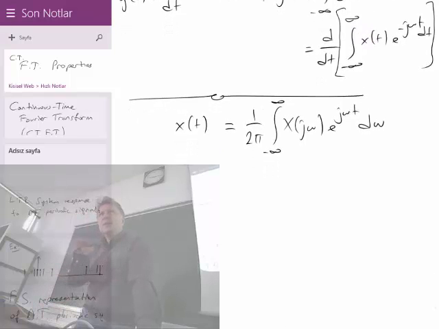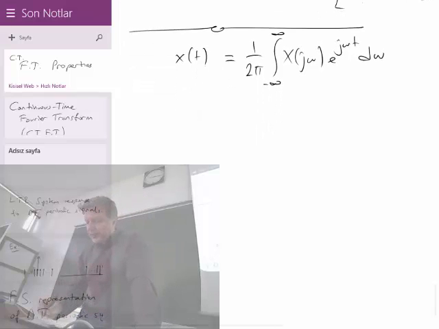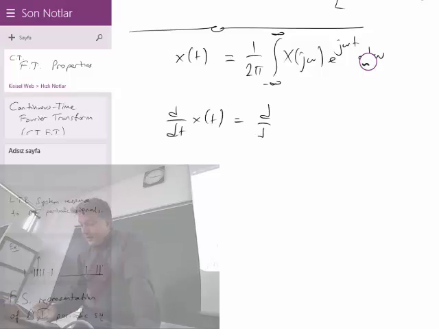Let's proceed from here. x of t is the inverse Fourier transform of x of j omega, in other words. Now, when we take the derivative of x of t, what do I need to do in this expression? I need to take the derivative of the inverse Fourier transform.